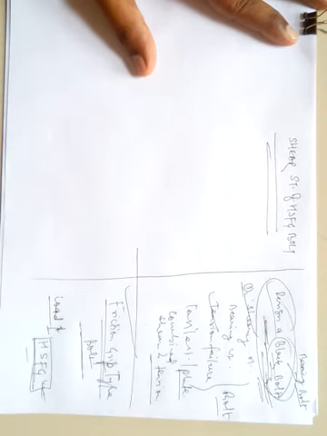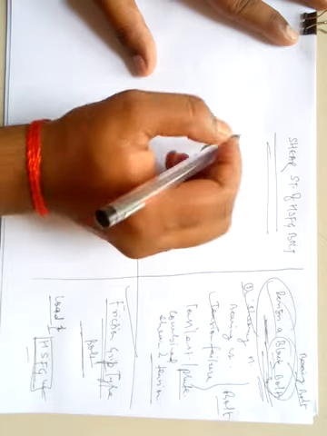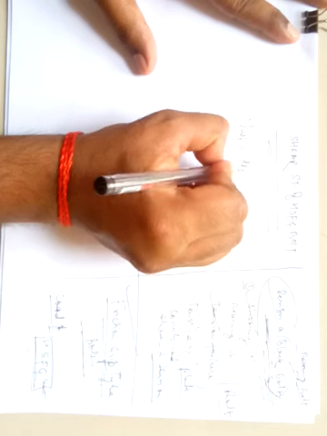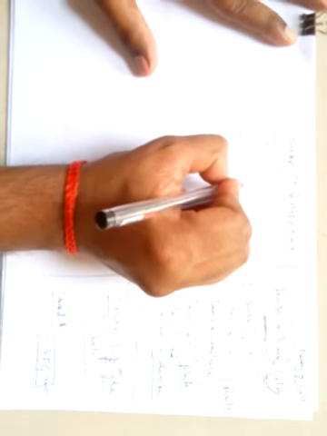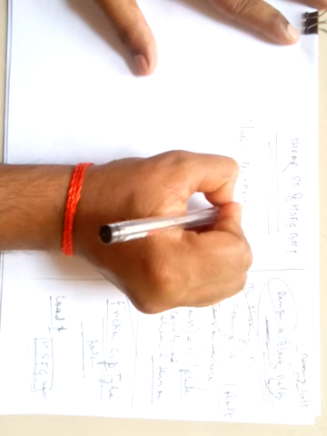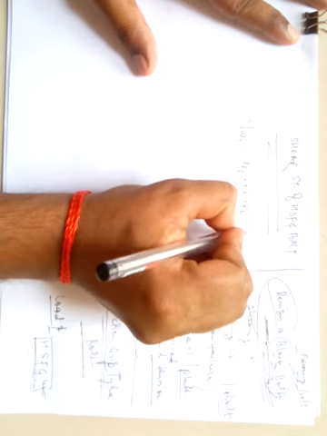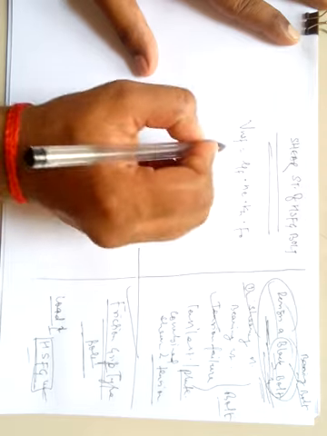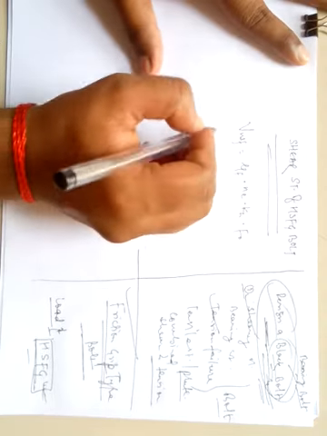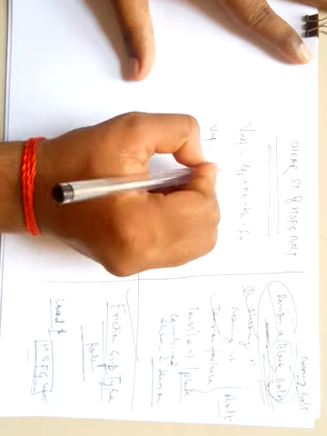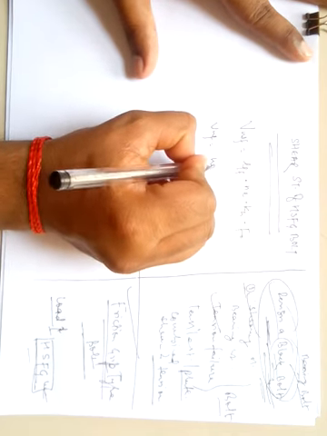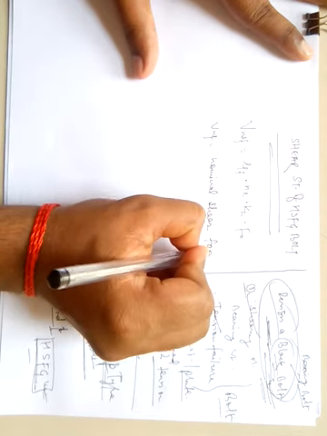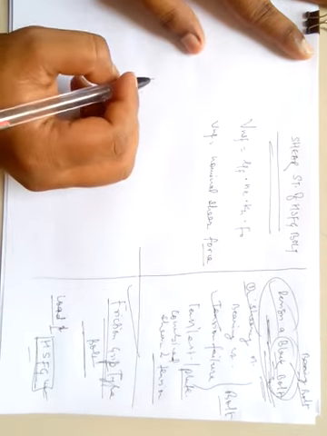Like in the design of the bearing bolt, VNSF is equal to mu F into NE into KH into F0, where VNSF is the nominal shear force.